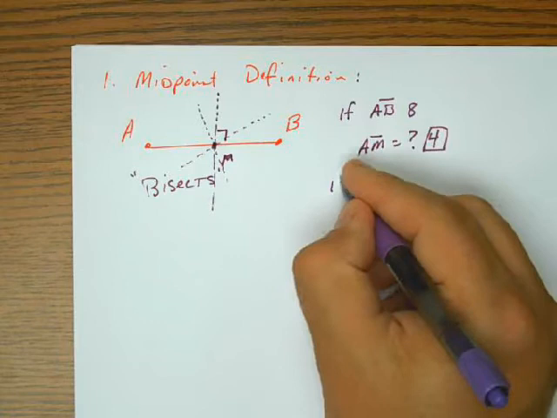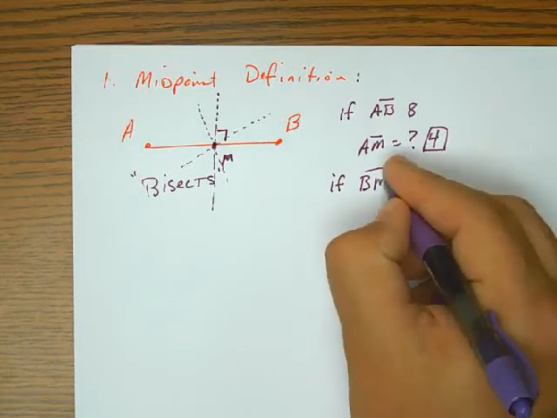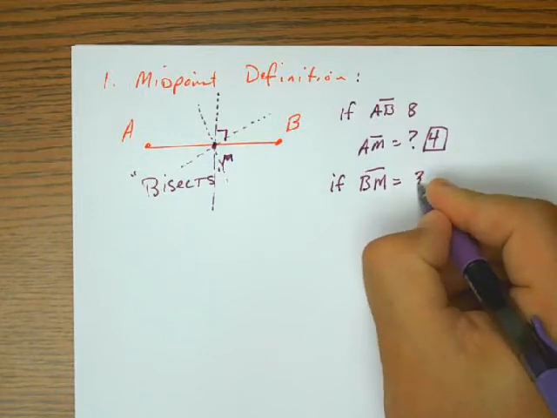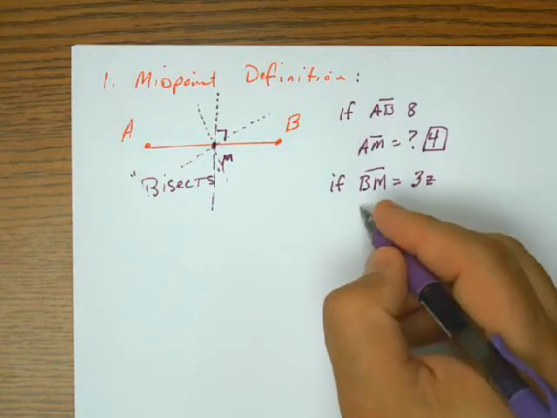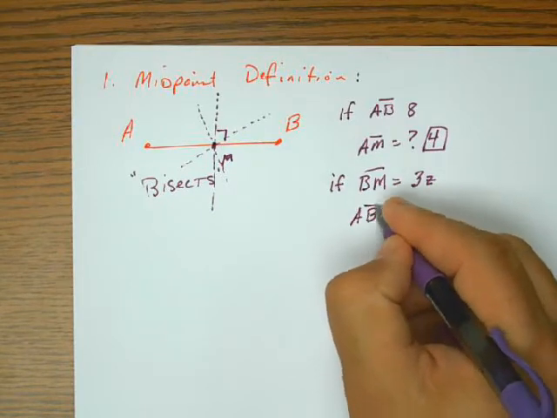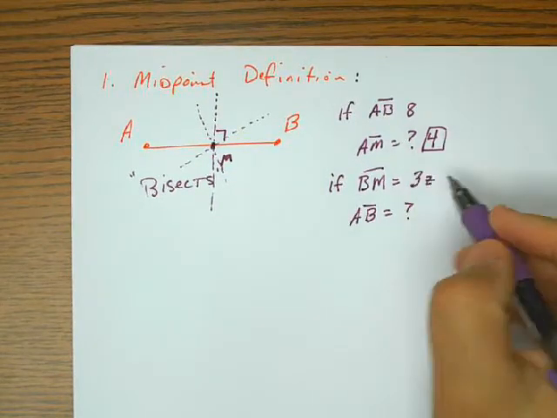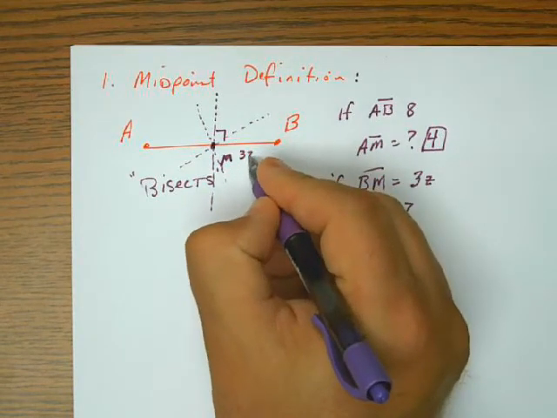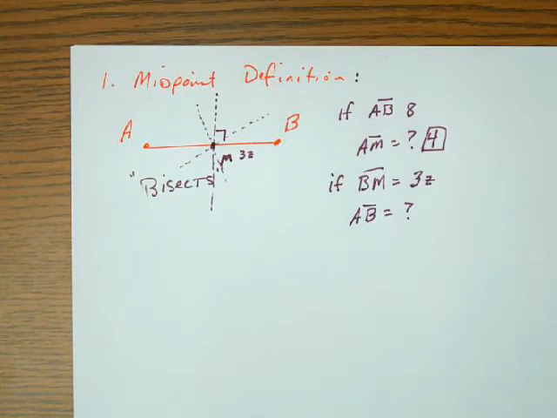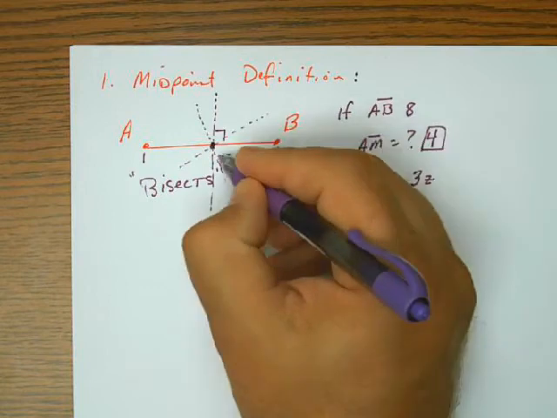If BM is 3Z, what is AB? No, if BM is 3Z, then what is AB?